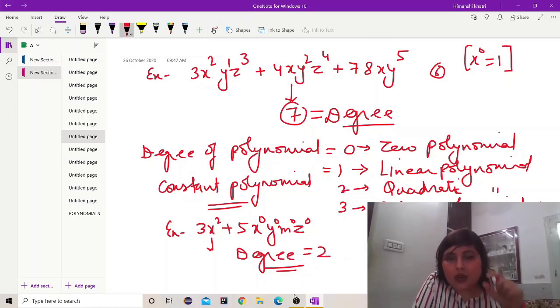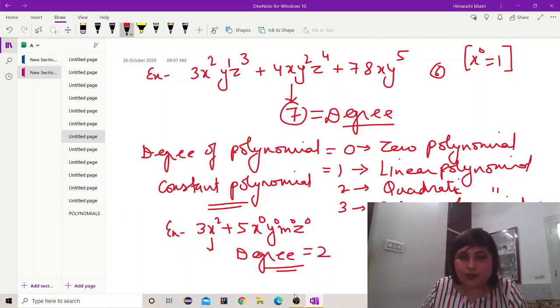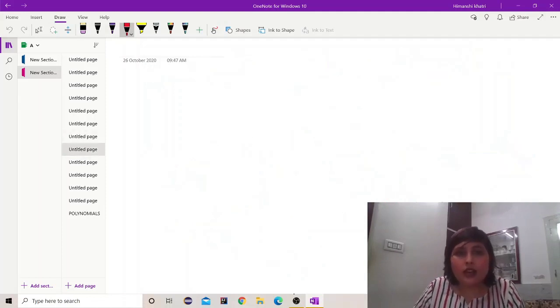So can we call 3x square plus 5 a quadratic polynomial or not? Because it has degree 2. Now understanding what is a constant polynomial, what is a zero polynomial?